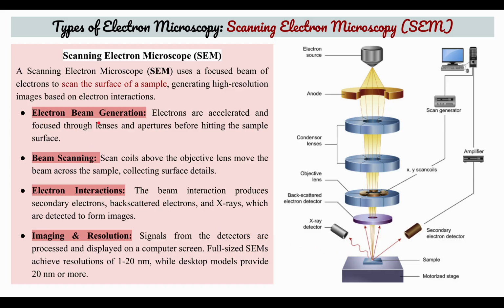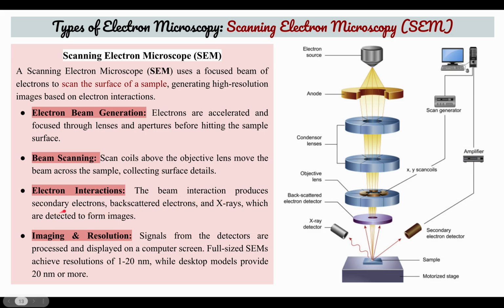The steps are electron beam generation, for which there is an electron source which will accelerate the electrons and focus them on the specimen passing through different lens systems. Then beam scanning, where a scan coil above the objective lens moves the beam across the sample, collecting surface details. Then comes the electron interaction.